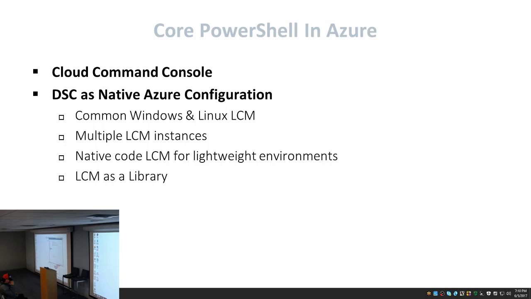Now, what this allows us to do is we already have partial configurations, but multiple LCM instances allows us to have different cadences, right? I might have one cadence to set up the base infrastructure, and I might check that just once a day. But then there might be things at the application layer that I want to check once a minute, maybe less than once a minute.